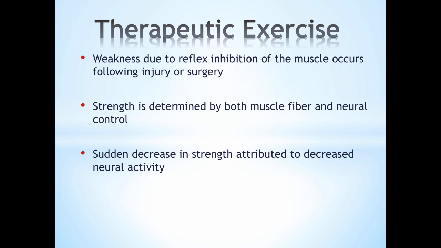Is the weakness due to the muscle fiber not working, the muscle fiber not being there from atrophy? No, they just within a few hours had plenty of strength, had plenty of muscle fibers there. It's more the neurocontrol. So the neural activity is decreased because of the reflex inhibition.